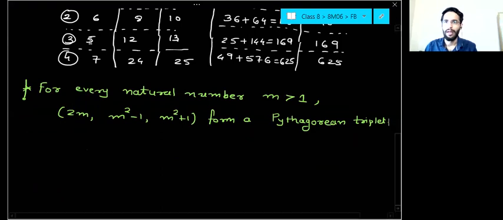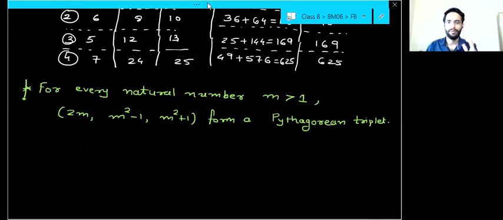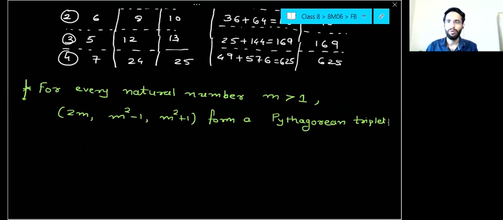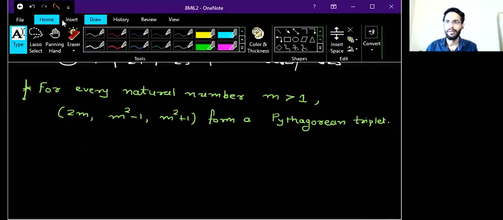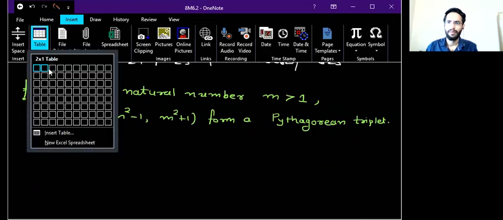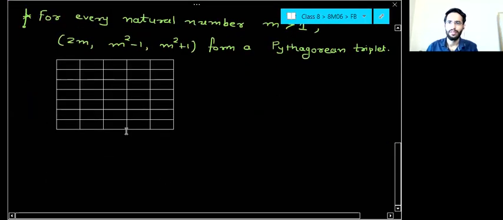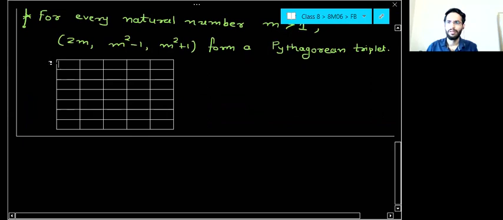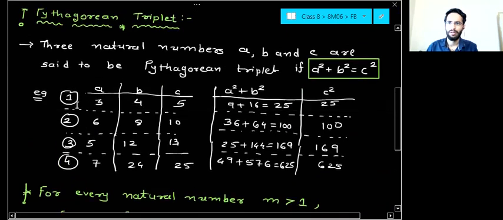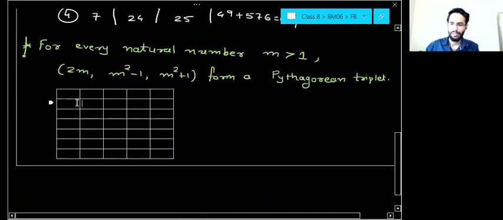Suppose I am making one table here. I can take a few rows here.